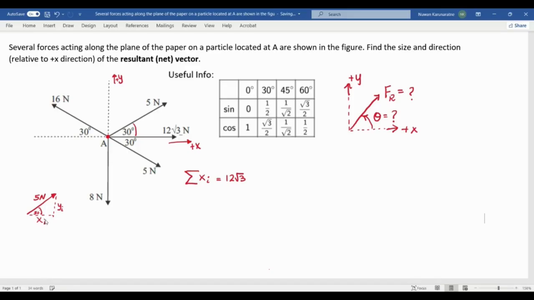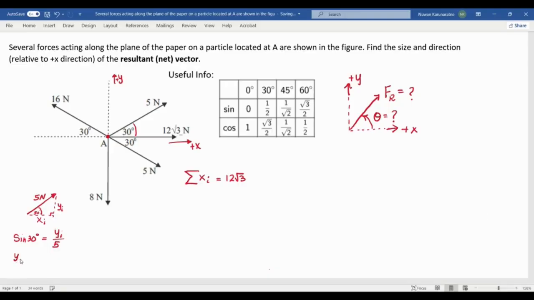So the y component of this 5 Newton force is this one, and the x component is this one. In other words, if you consider 5 newtons as the hypotenuse, yi is the opposite side and xi is the adjacent side. So the way to find the opposite and the adjacent is to use sine and cosine definitions respectively. So if I go with sine theta, or in this case it's 30 degrees, I will have opposite, which is yi divided by 5.